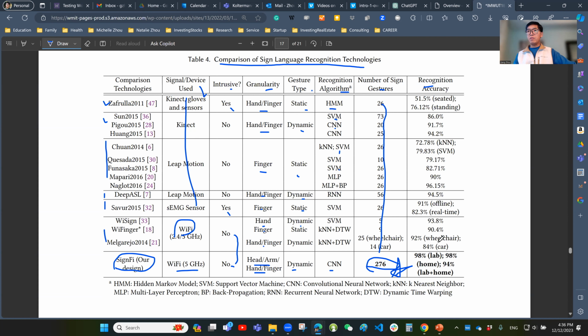Again, recognition accuracy, here we stand out clearly: 98% in lab test, 98% in home test, 94% across both of them. So these bottom right two cells clearly articulate our novelty over existing work and our advantages.